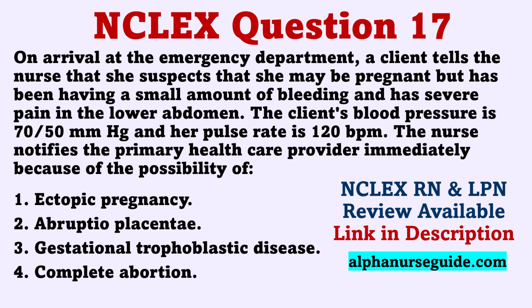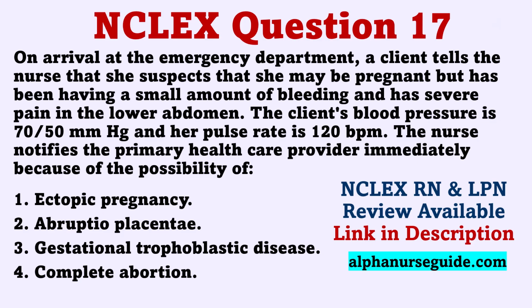The correct answer is 1. The client's signs and symptoms indicate a probable ectopic pregnancy, which can be confirmed by ultrasound examination or by culdocentesis. The primary healthcare provider is notified immediately because hypovolemic shock may develop without external bleeding. Once the fallopian tube ruptures, blood will enter the pelvic cavity, resulting in shock.